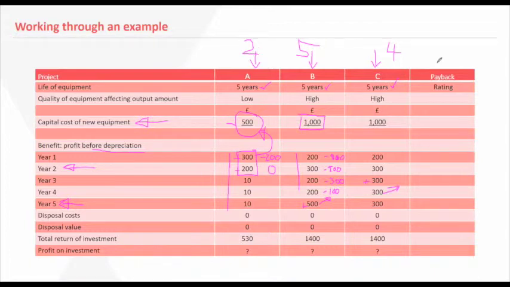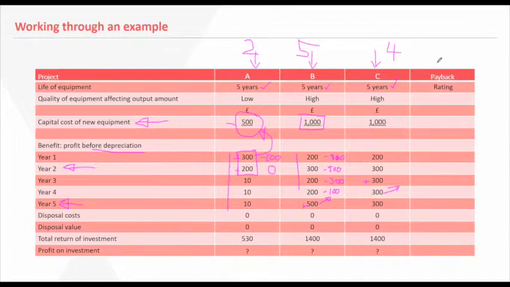So without considering anything else about these projects, our first pass says, well, project A definitely looks interesting. We pay back our initial sum quickly. And if I had to choose between project B and project C, I would pick project C because it pays back more quickly than project B. And that is the payback method.